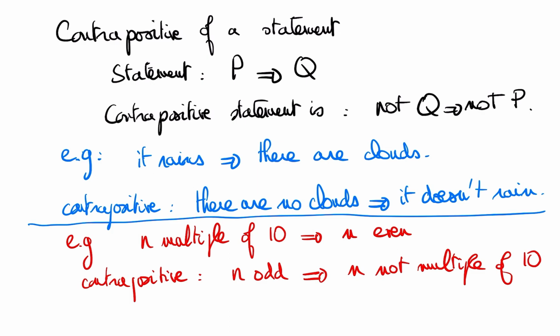Now, importantly, if this is true, then the contrapositive is true. So sometimes, if you are asked to prove the statement P implies Q, it may be easier to prove the contrapositive, because if the contrapositive is true, then the statement is true, and vice versa. Super duper important.